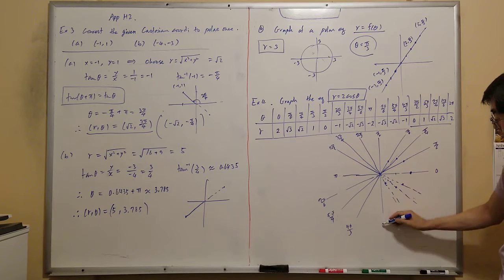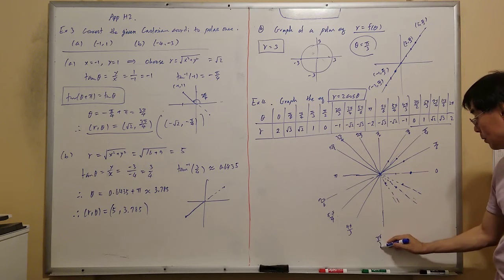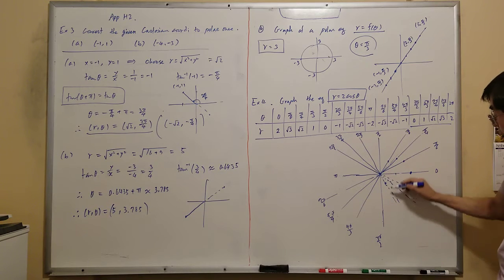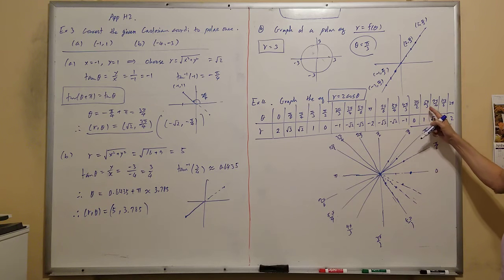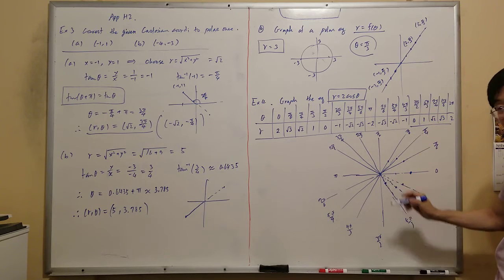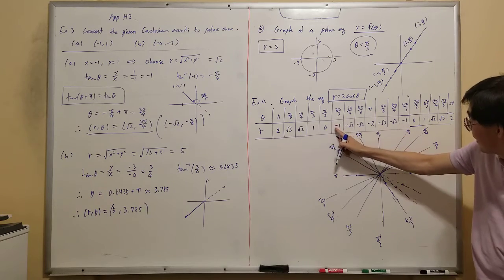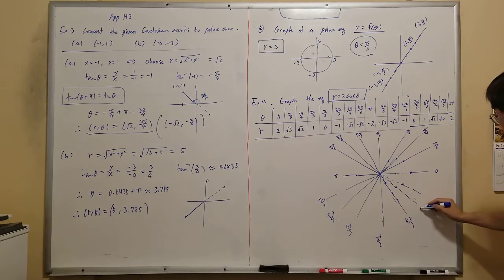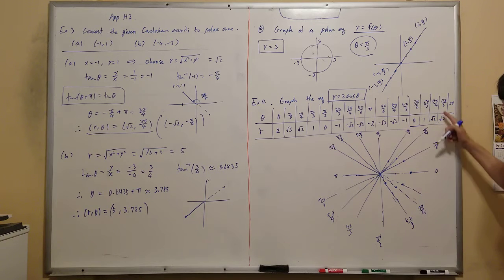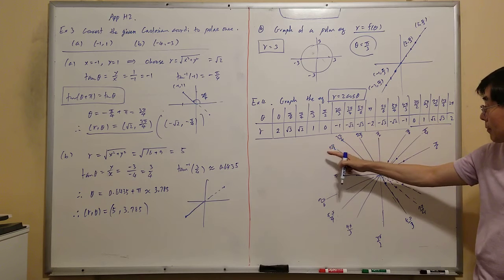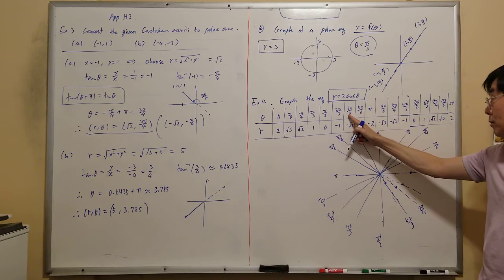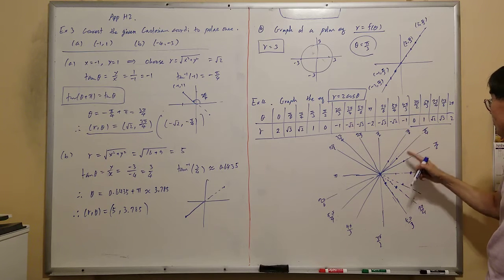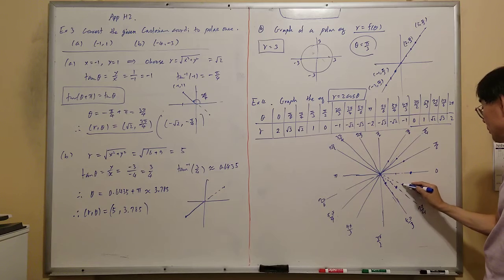And 3 pi over 2, 0. And here, 5 pi over 3, positive 1. Same as over here, right? And then 7 pi over 4, square root of 3, same as over here, okay? 3 pi over 4, minus square root of 2, right? And over here, same thing.